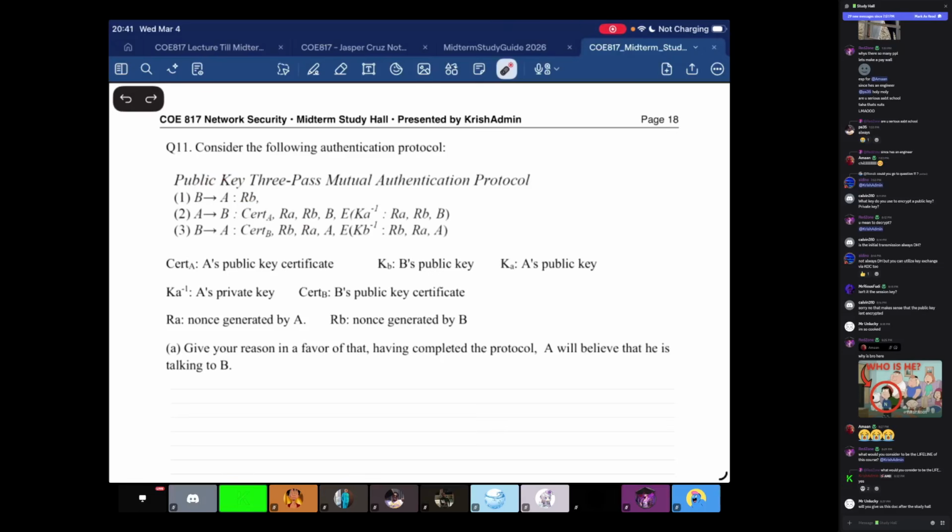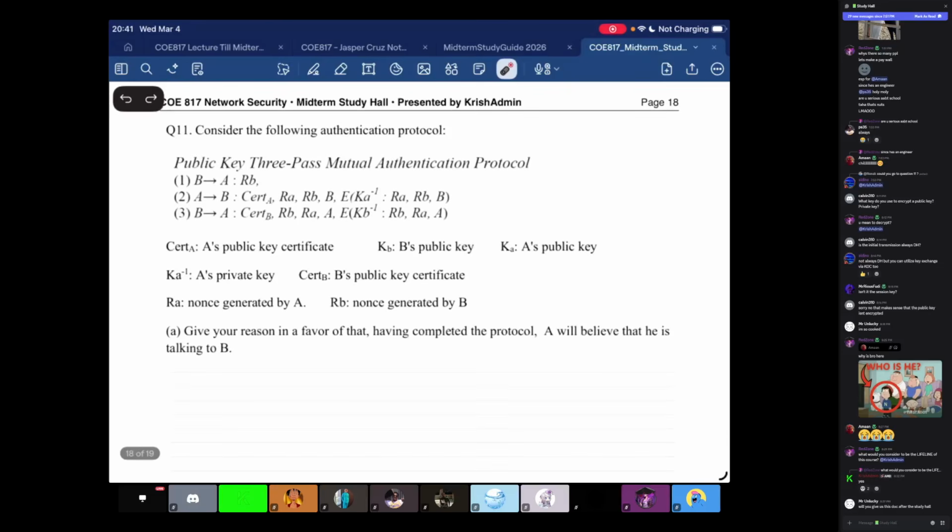It sends B. I'm guessing B would just be whatever B's digital signature is, and then it will encrypt with its own private key the contents of its nonce, B's nonce, and digital signature of B. And then B will verify that it can decrypt it, because we don't know if B has A's public key in this case.